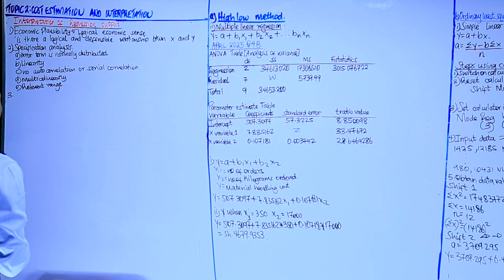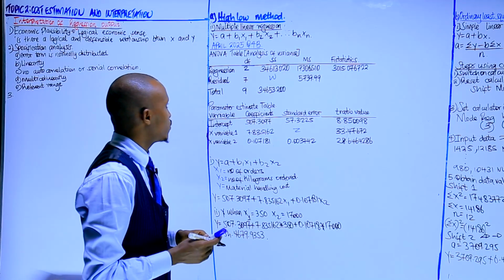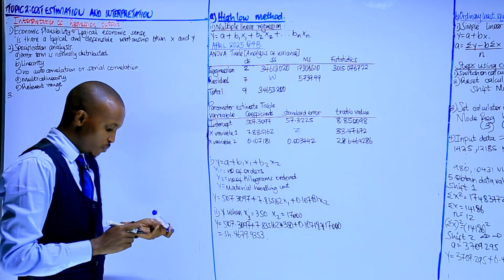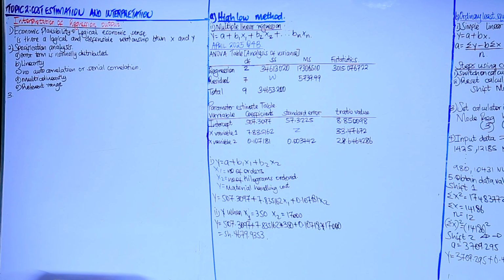Let's go to the third method of interpreting regression output. Here we normally analyze two items.